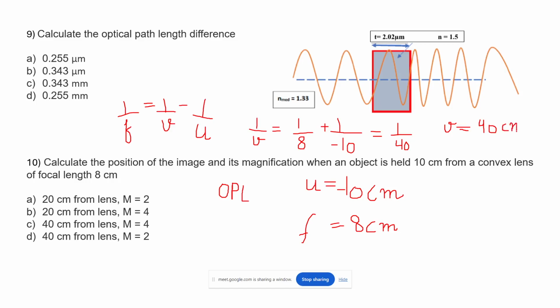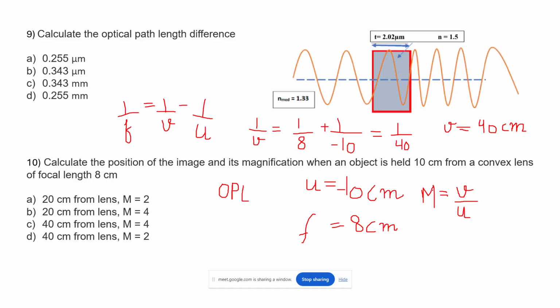First part is clear. Then we'll move to the second part, to calculate its magnification. Magnification in this case is how much the image is magnified as compared to the object. So it is basically the ratio of the size of the image to the size of the object.